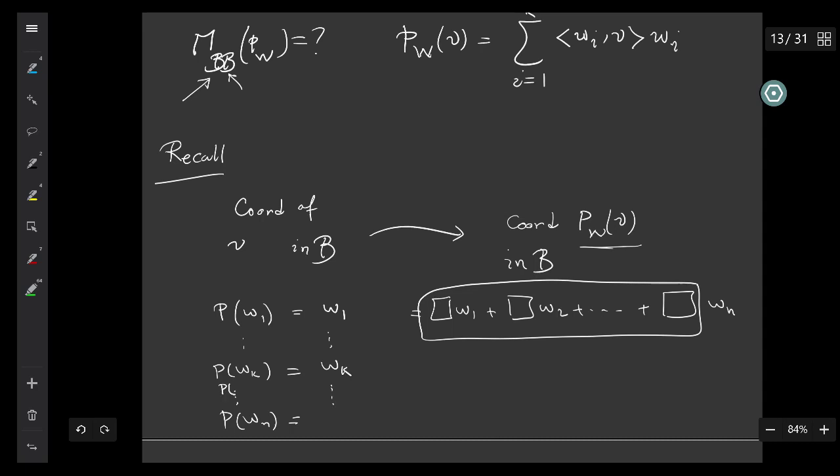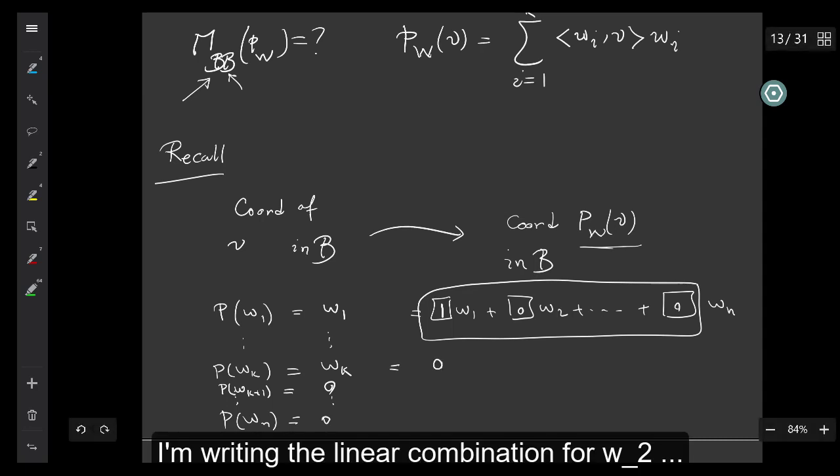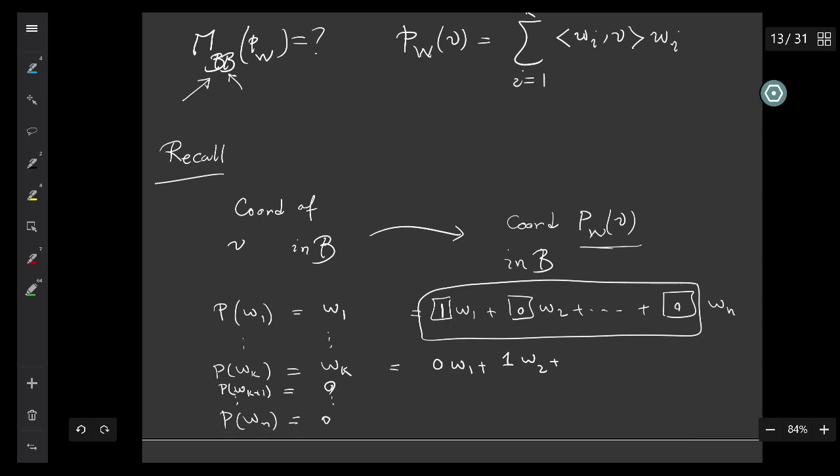So Pw of Wk plus 1 is 0, and so on. So the coefficients that we get are very easy. Here is 1, here is 0, etc. Recall that if you have a basis and you write a vector as a linear combination, this linear combination is unique. So these coefficients that we are finding are uniquely determined. So this is like that, and then we get basically 0 W1, 1 W2, etc.